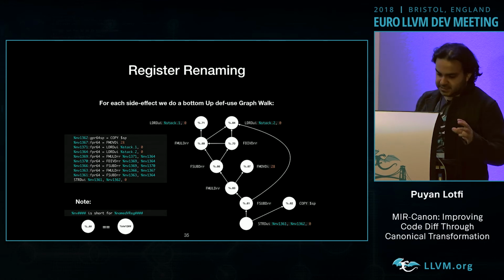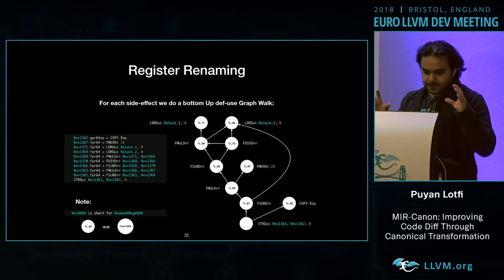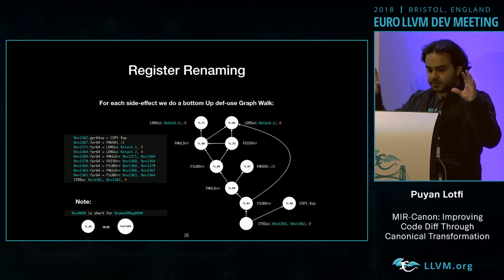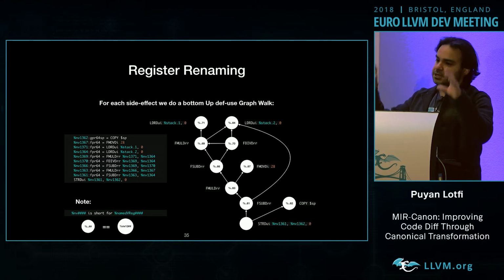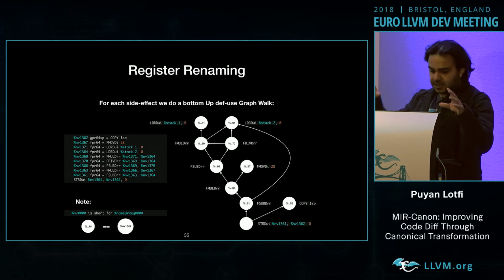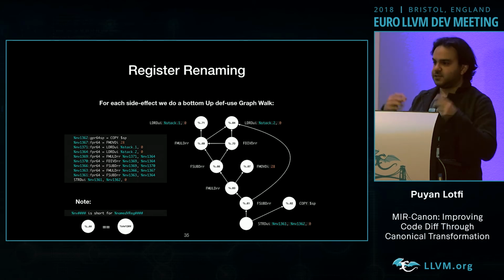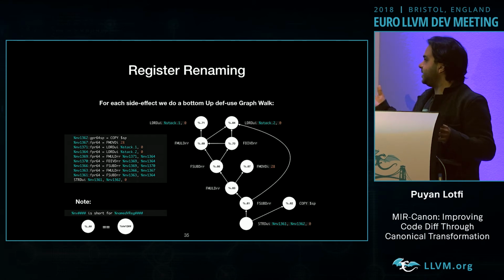The idea is that for two different MIR files, when we encounter a def use graph in each in the same place with the same topology, we should be able to walk the def use graph and rename all the VREGs in the def use graph the same way.